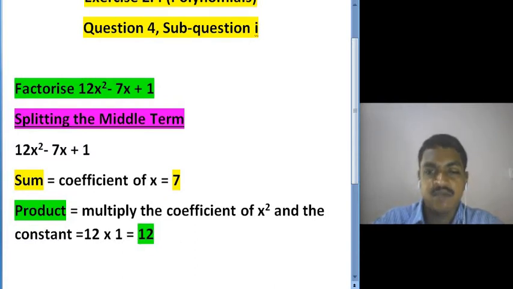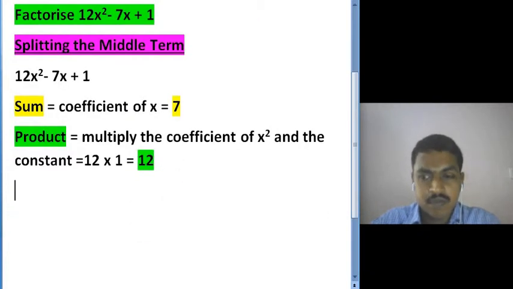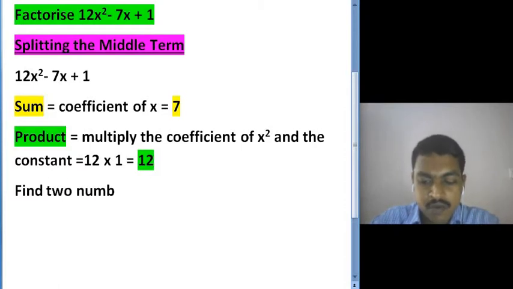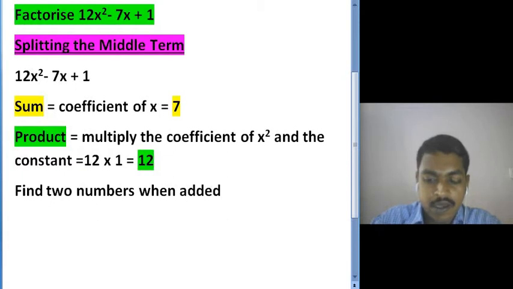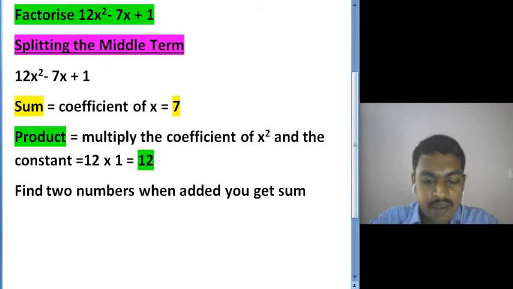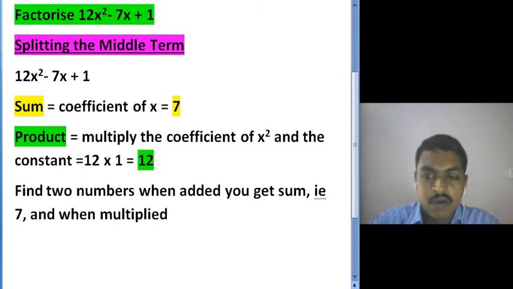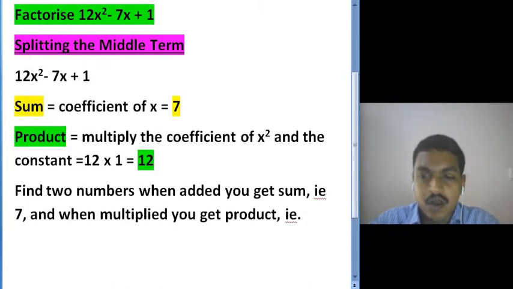The next step is to find two numbers such that when added you get your sum 7, and when multiplied you get your product 12.